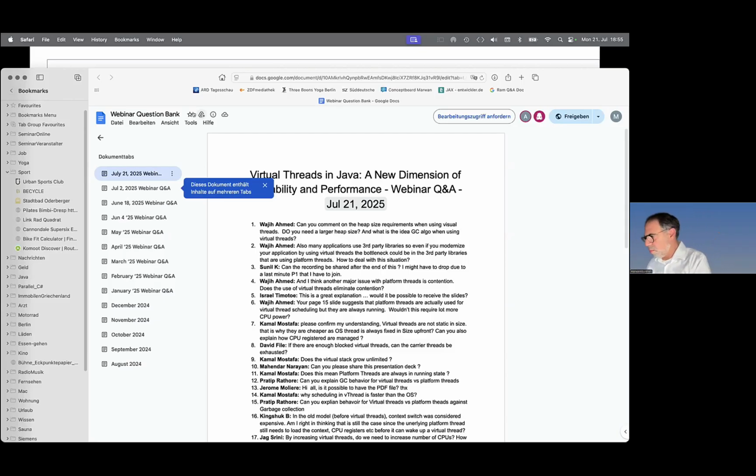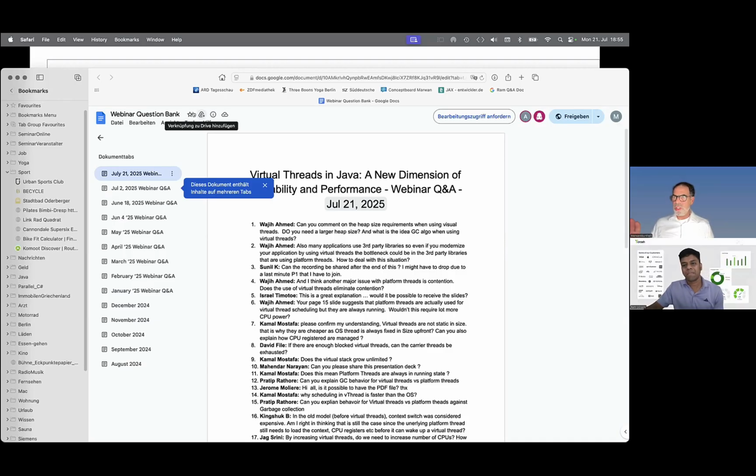That's reasonable. So it can be that you need more heap space, but overall your Java memory will not increase, because also the traditional stacks are part of the Java virtual machine memory.